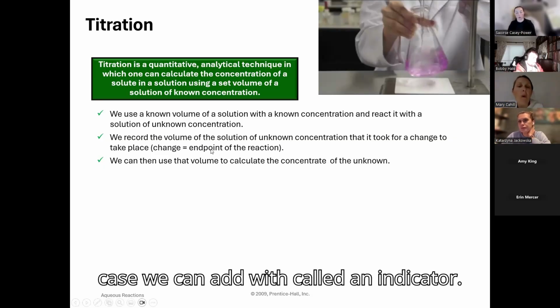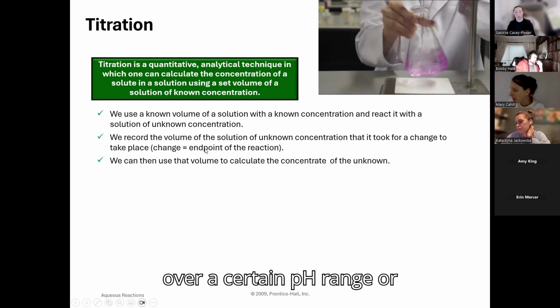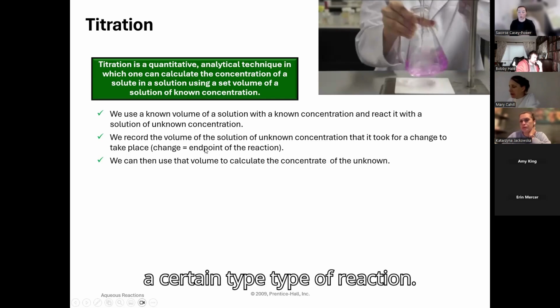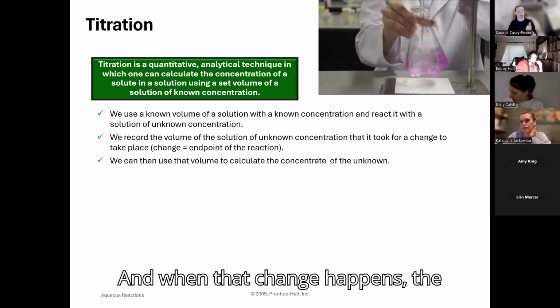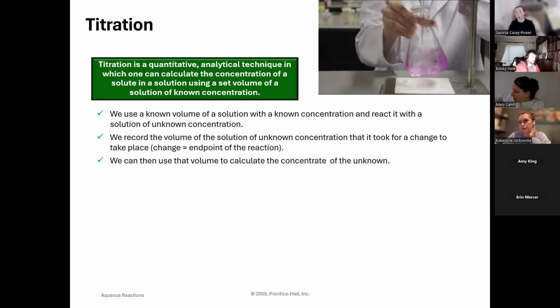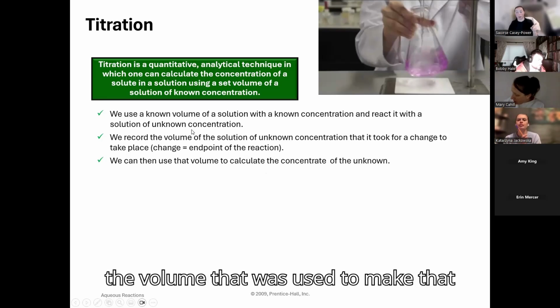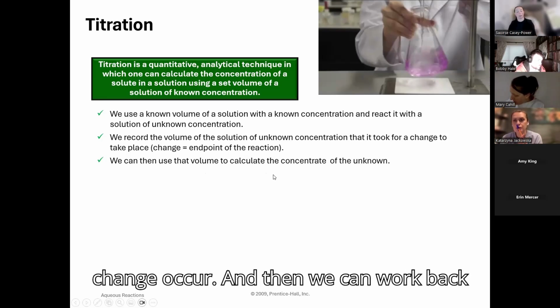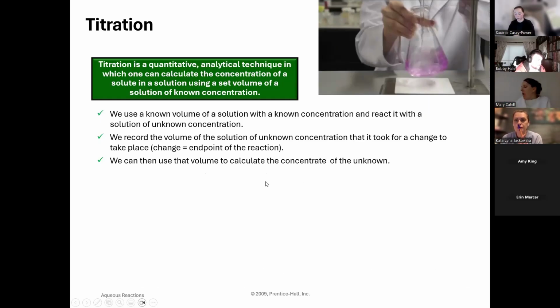So we can add an indicator that changes over a certain pH range or a certain type of reaction, and when that change happens, the indicator changes color. So we can visualize the endpoint of a reaction. We take almost like a snapshot of the volume that was used to make that change occur, and then we can work back to calculate the concentration of the unknown.